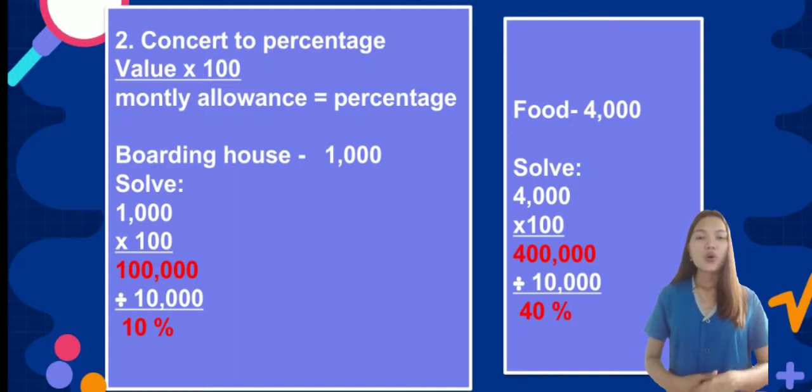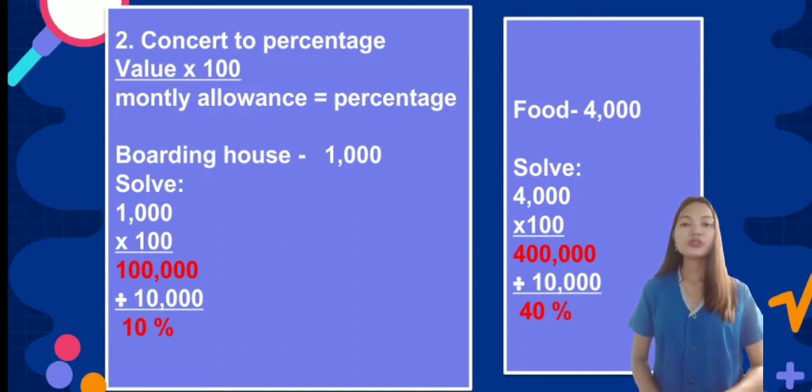Very good. So 1,000 times 100 is equal to 100,000. So teacher, where did you get the 100? So 100 is the percent. So 100,000 divided by 10,000 is equal to 10%.